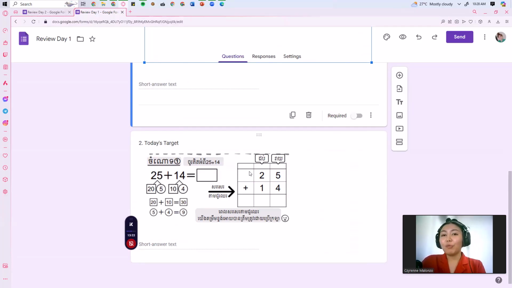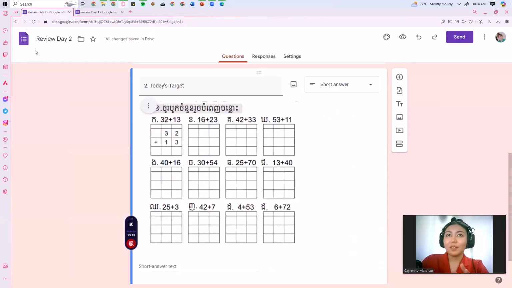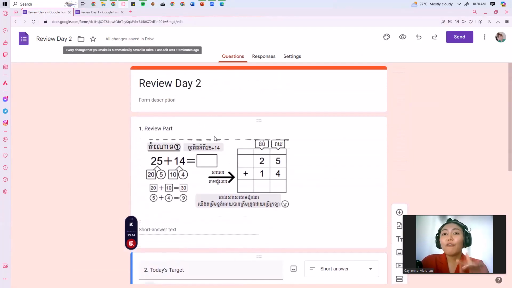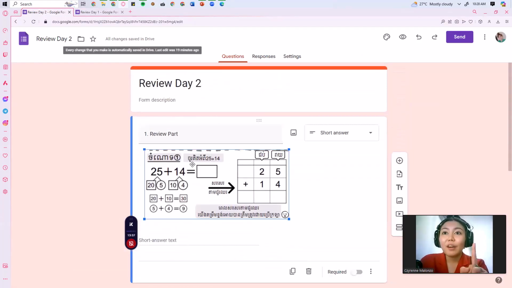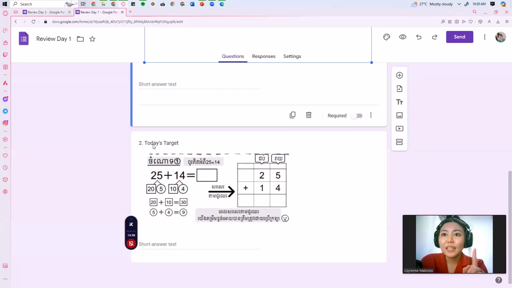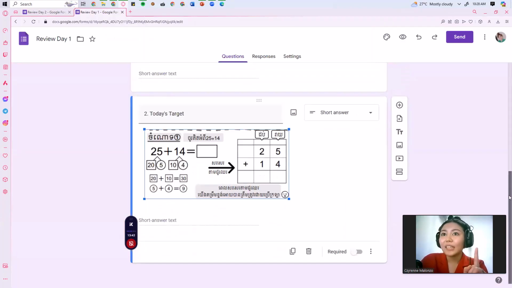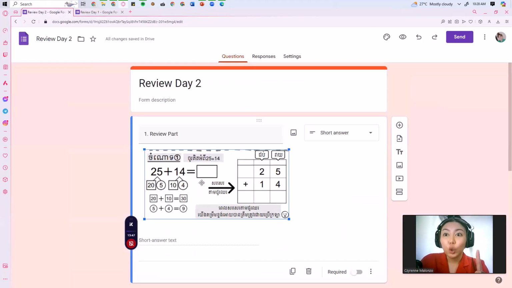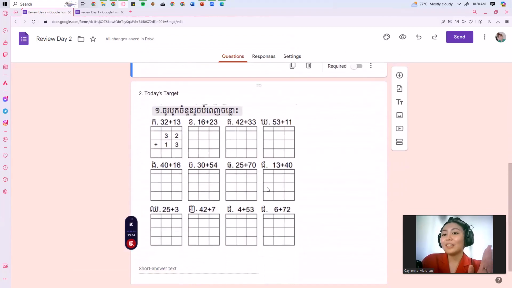But if we want to continue tomorrow, right? Tomorrow, this is your Google Form. Review day two. Review day two, first part is the review part. The review part here is the same as today's target in day one. 25 plus 14 here, 25 plus 14 here. So first part is the review part, second part is today's target.